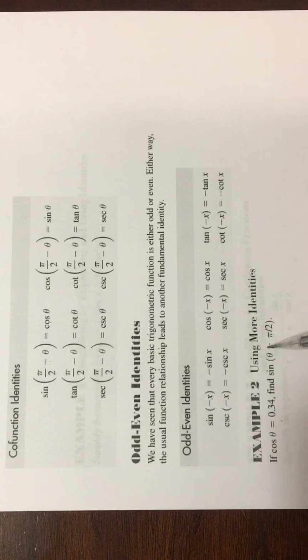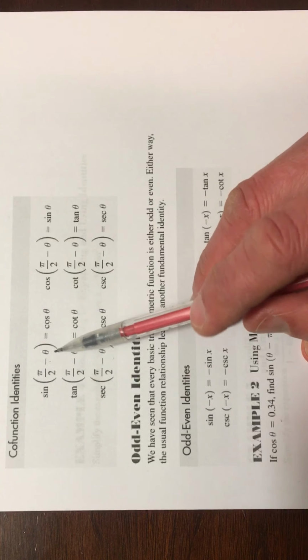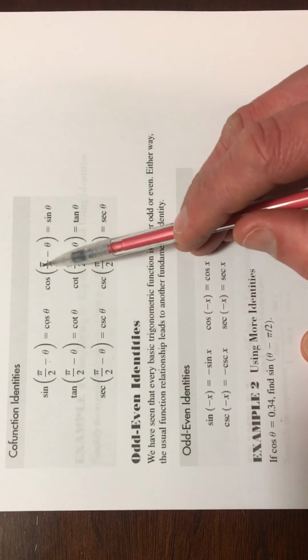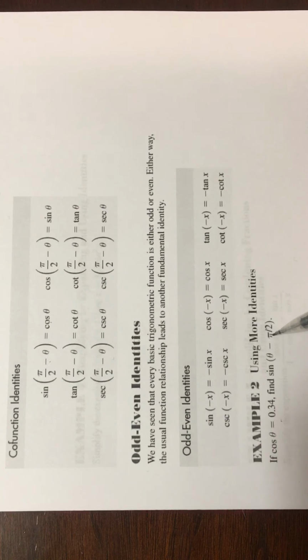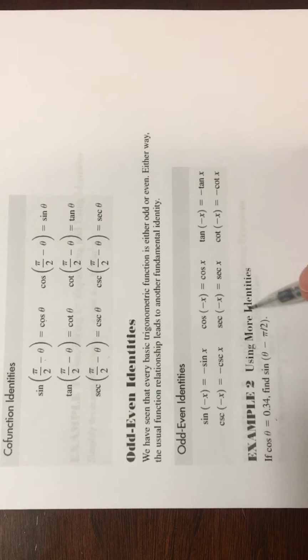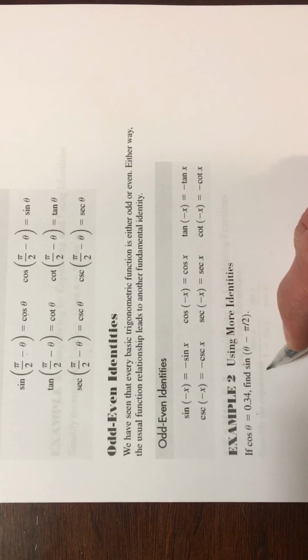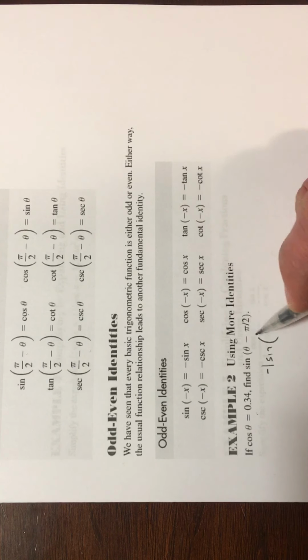If you look, notice in our cofunctions, it's always pi half first. So I'm going to take out a GCF from this function. If I take out a GCF, I would have a -1 times sine.